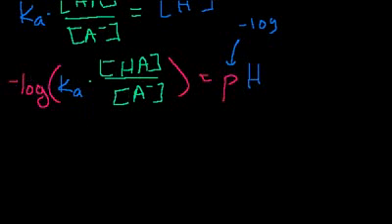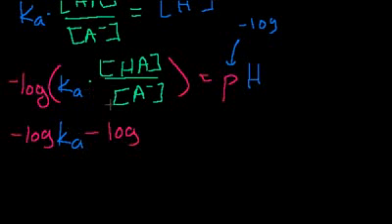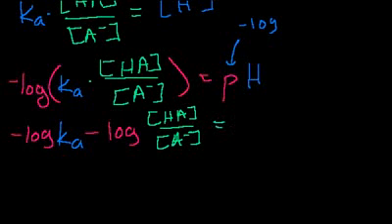So this can be simplified to minus log of our Ka minus the log of our weak acid concentration divided by its conjugate base concentration is equal to the pH. Now this is just the pKa of our weak acid, which is just the negative log of its equilibrium constant. So this is just the pKa.